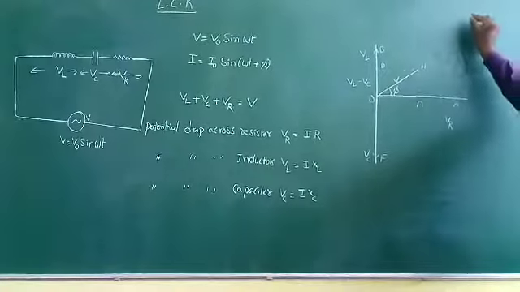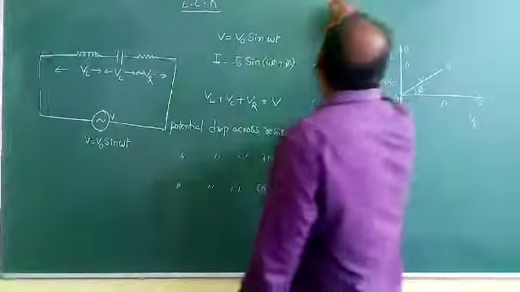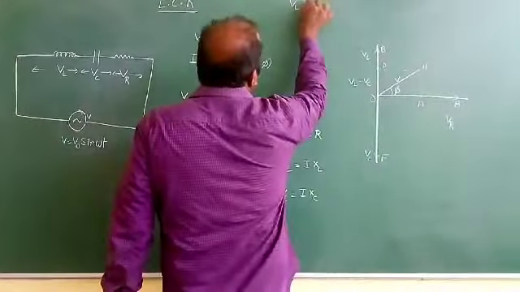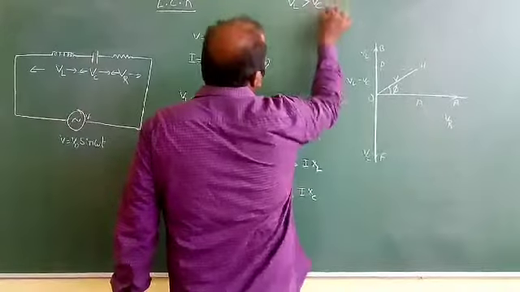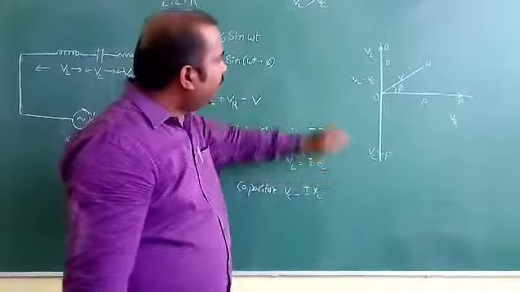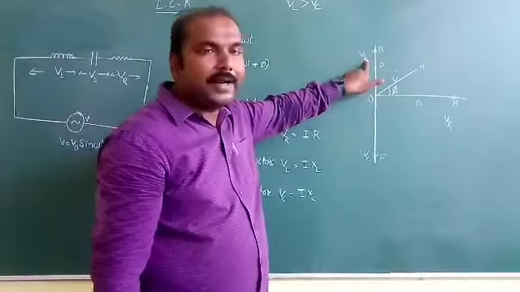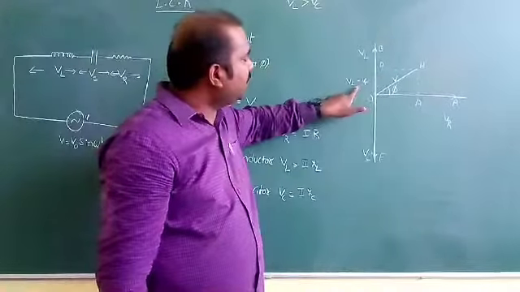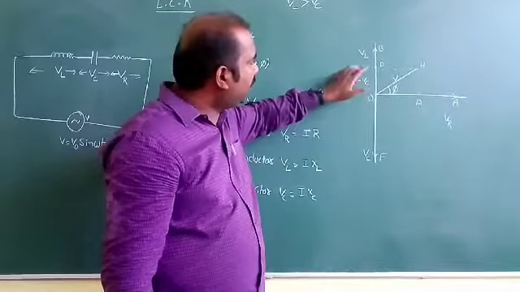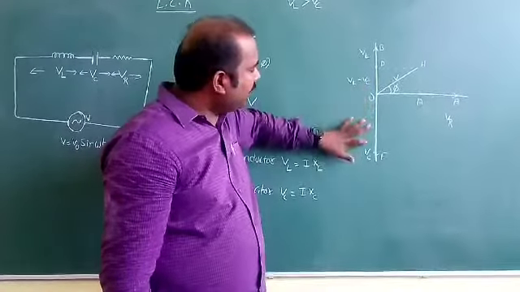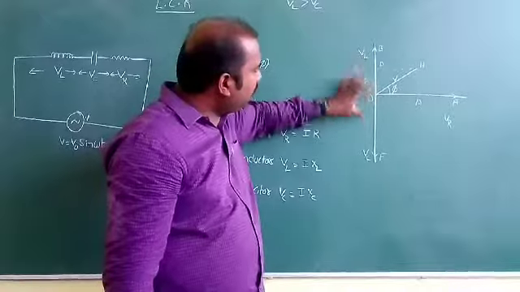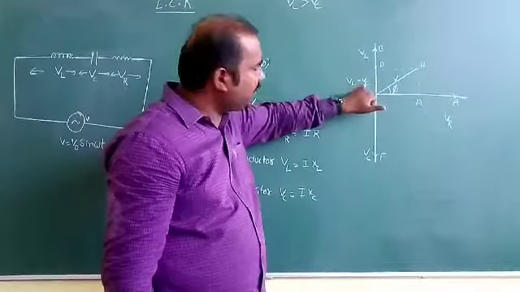Suppose VL is greater than VC, what's happening? If VL is greater than VC, then the total circuit is an inductive dominant circuit. In such a case, we have to write the resultant of these two as VL minus VC.